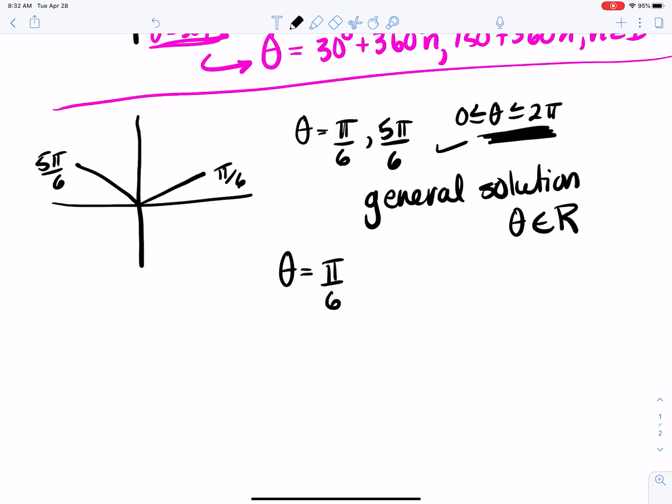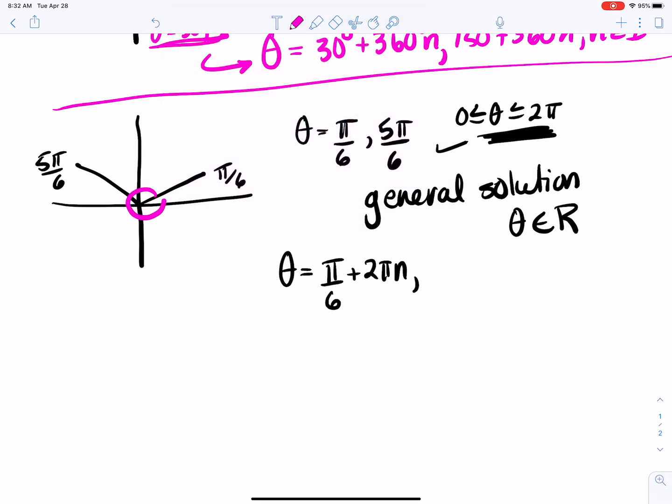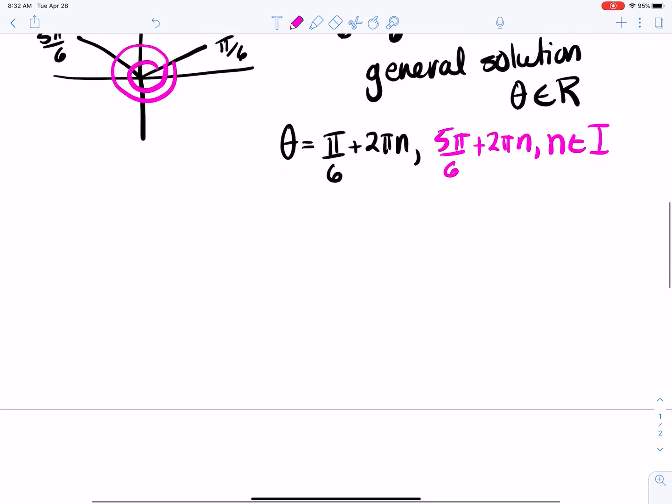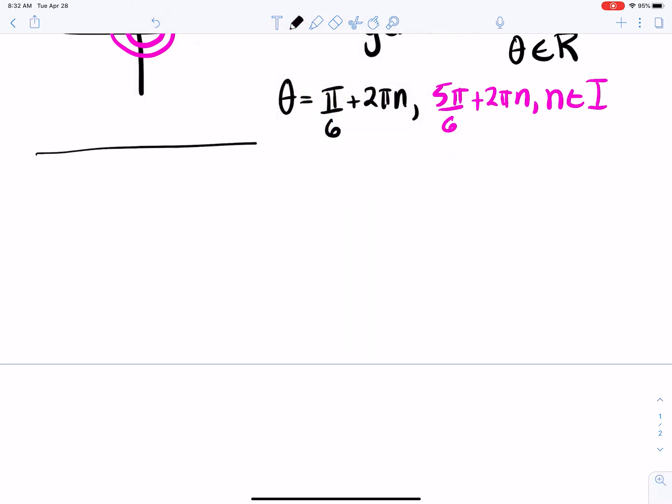Pi over 6 plus 2 pi n, because we would be adding multiples of 2 pi to get the solutions. And then we would do the same thing with 5 pi over 6 plus 2 pi n, n being an integer.